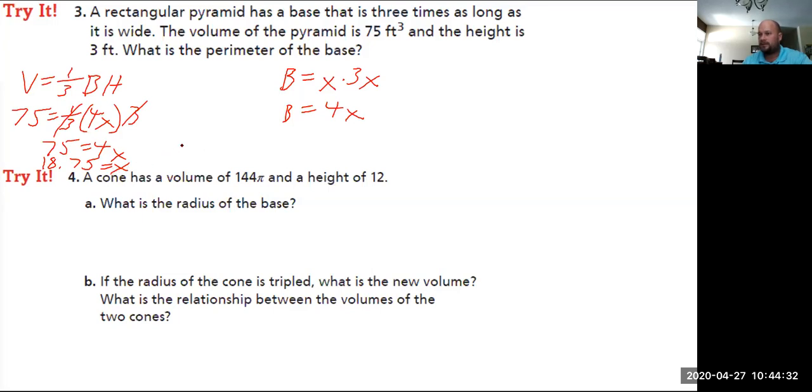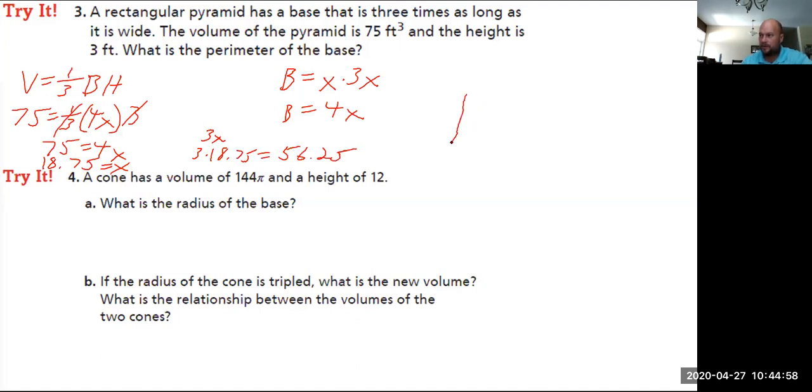It's a rectangle, so that's one of the sides. The other side would then be that times 3. So if I do 3 times x, or 3 times 18.75, I get 56.25.